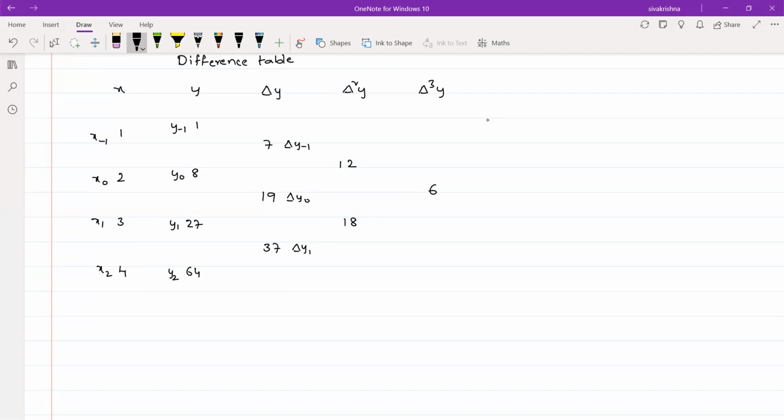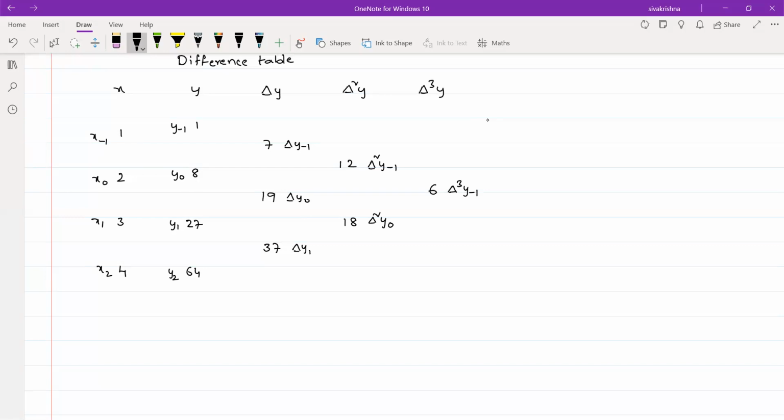Since the second value of y is y naught, the second value in the first differences should be delta y naught. In this way, we have to name the terms in the first differences. Coming to the second differences, the first term can be named delta square y suffix minus 1, and the second one delta square y suffix 0. Coming to the third differences, this can be named delta cube y suffix minus 1.